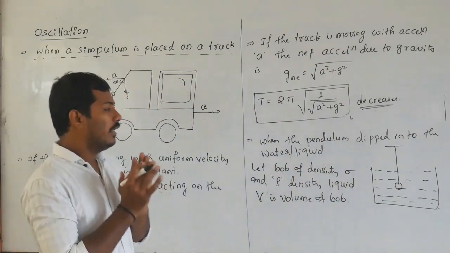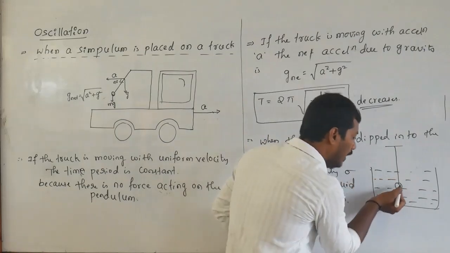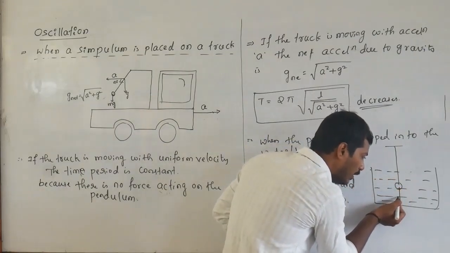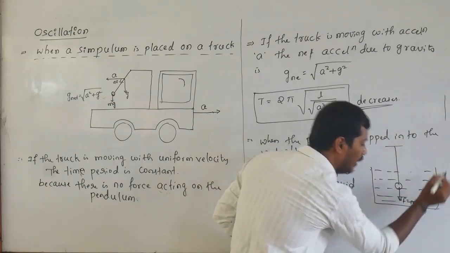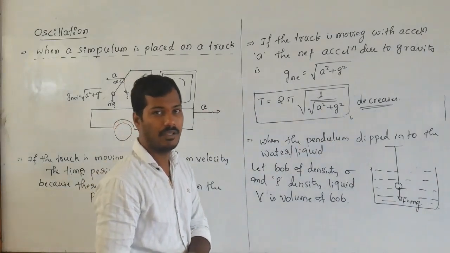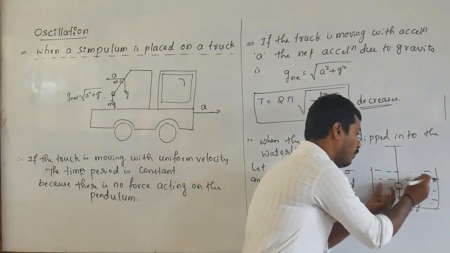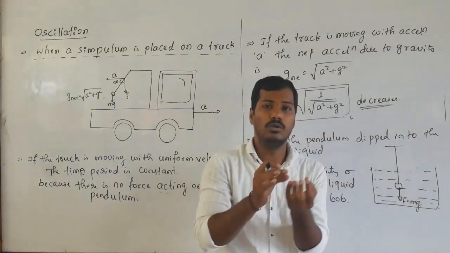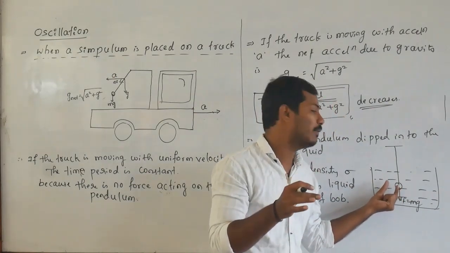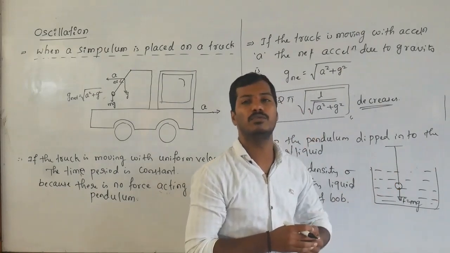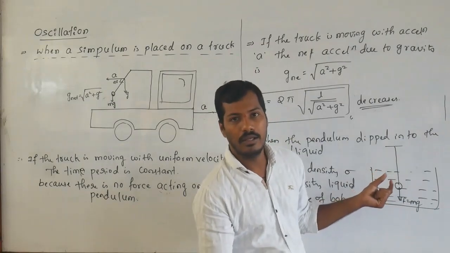See here, if the bob is dipped into the water, it is always directed towards the ground with some force. That force is equal to M into G. But one important thing is, the water molecules are there, and they resist the body from moving down.